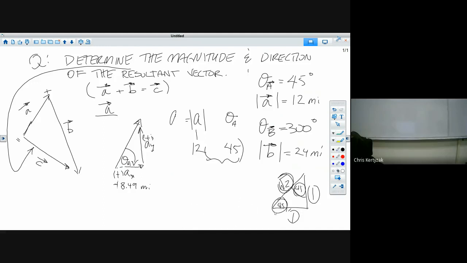It'll be right. Sine of 45, we have our picture here. Again, store it to memory if you haven't already. Sine is opposite over hypotenuse. Store that to memory if you haven't already.